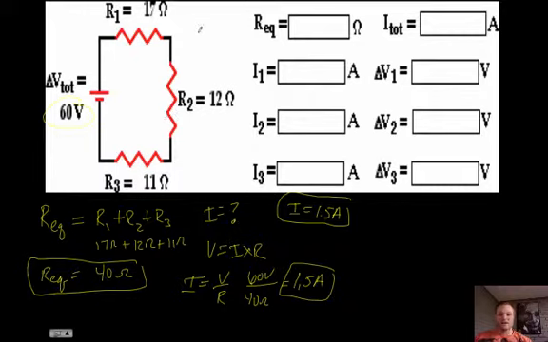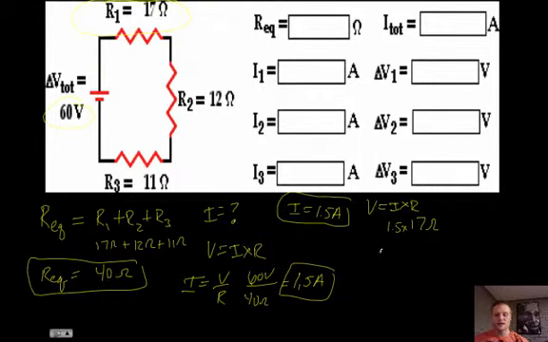Now, there are all these boxes to fill out. I'm going to keep it down here in the dark area just so that you guys can actually see my writing. I'm going to first start with resistor 1. I'm wondering what the voltage drop is at resistor 1. Again I'm going to use Ohm's law, V equals I times R. I know the resistance at this resistor is 17 ohms, and the current at that resistor is 1.5 amps, which we just found.